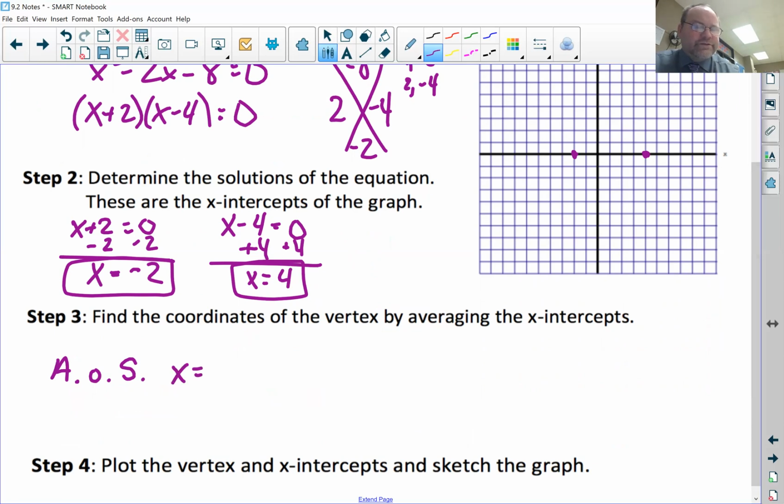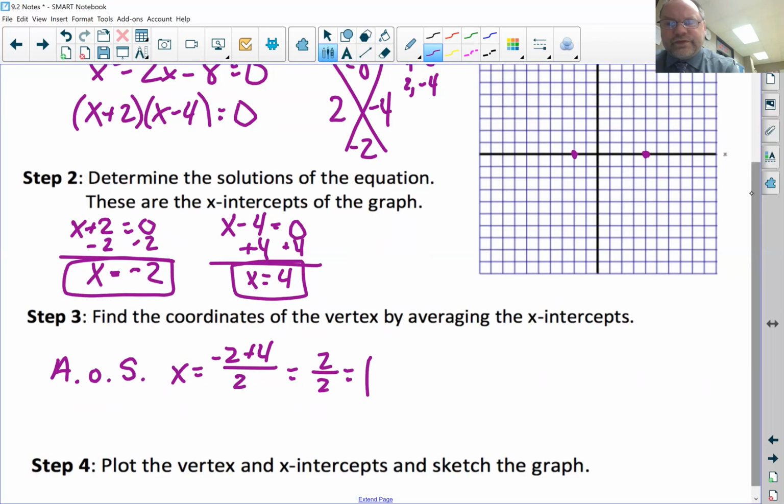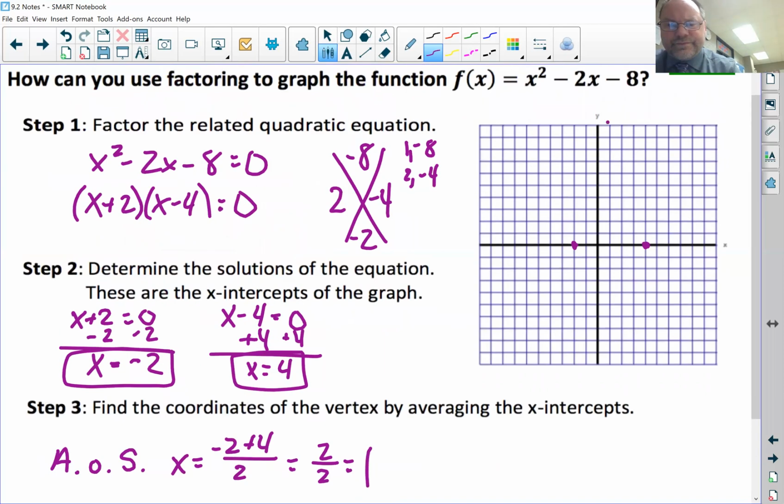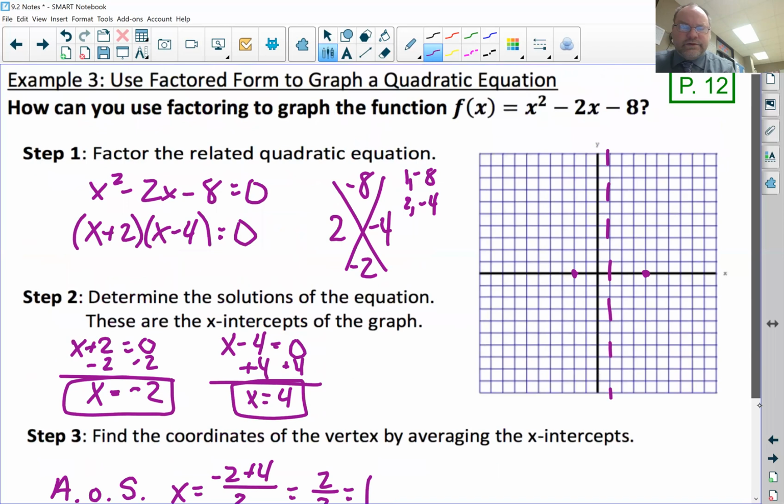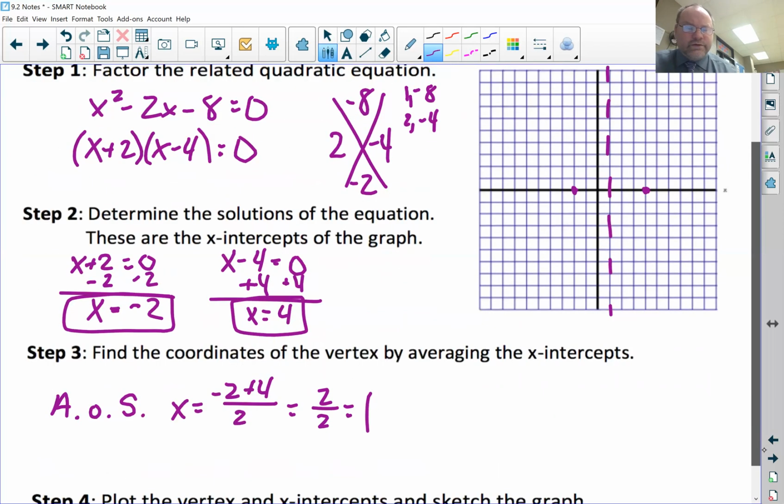I take -2 plus 4 and divide by 2. -2 plus 4 is 2. 2 divided by 2 is 1. So my axis of symmetry is at 1.